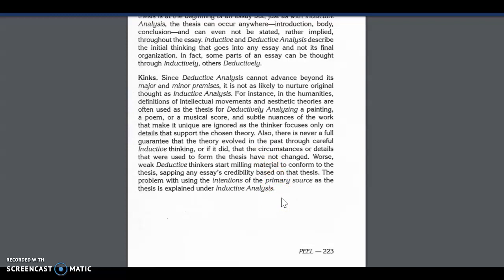The problem with using the intentions of the primary source as the thesis is explained under inductive analysis. Okay, and this is where you have to always question if your thesis is vulnerable, weak, or it's been tested enough inductively. This is very important here.